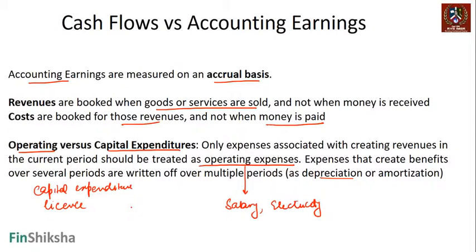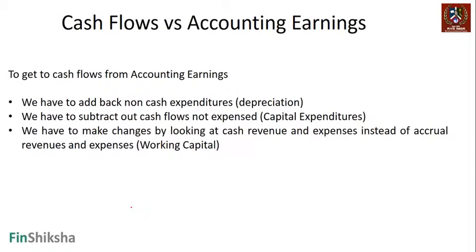Correct? Now that is an important construct in our overall understanding of what to classify as capital expenditure and what to classify as operating expenditure. When you look at cash flow from accounting earnings, you have to add back any non-cash expenditures, which is depreciation or amortization that you have already cut out, right?